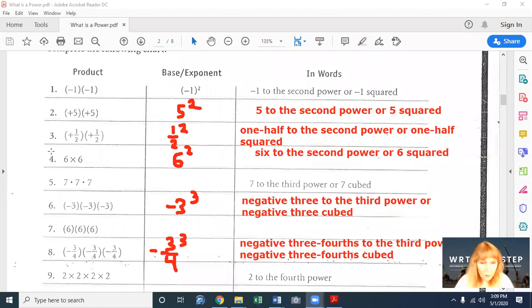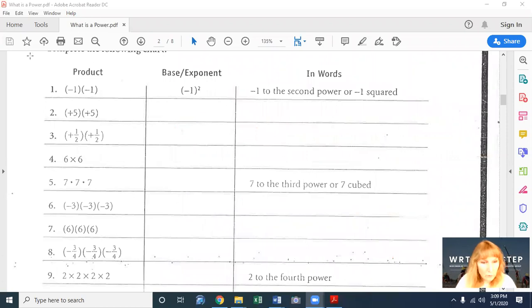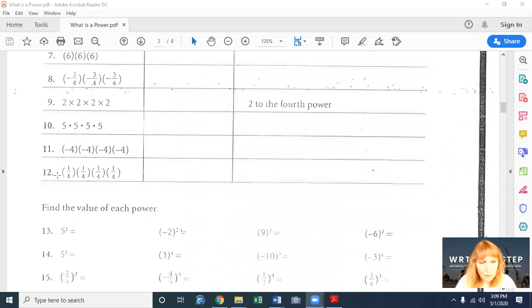And I wanted to look at number 12. So if you need to pause the video and get this written down, go ahead, and then I'm going to scroll up. Number 12. Okay, how does that one work? We got 1/4, 1/4, 1/4, and 1/4. How are you going to do this? Yep, 1/4 to the fourth power.